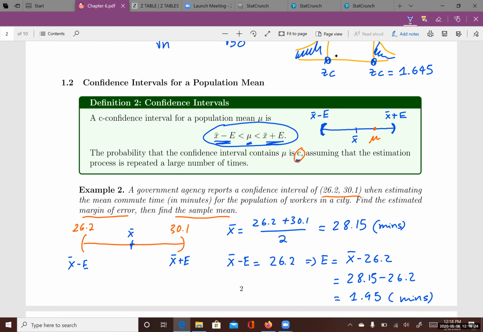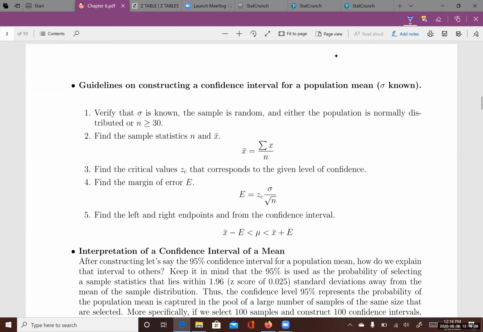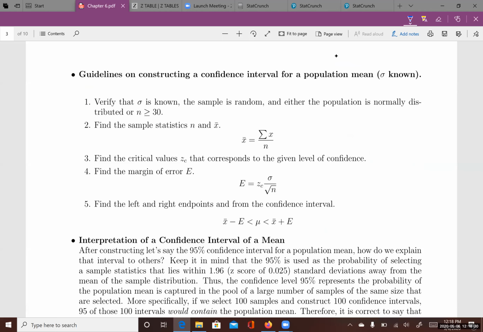All right. So how do we construct a confidence interval for a population mean? Before we try to construct a confidence interval, we need to verify some conditions. The first condition is that sigma is known, right? The sample is random.